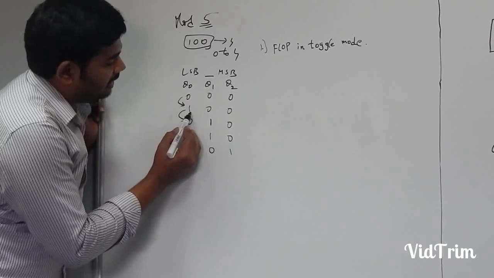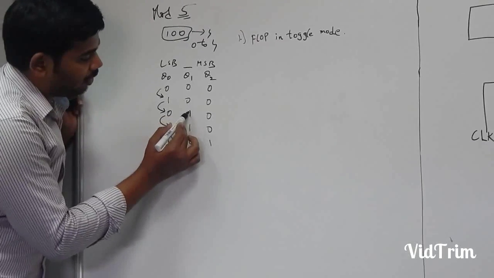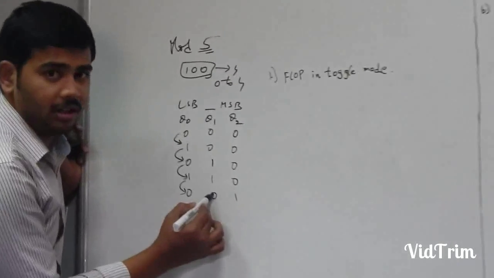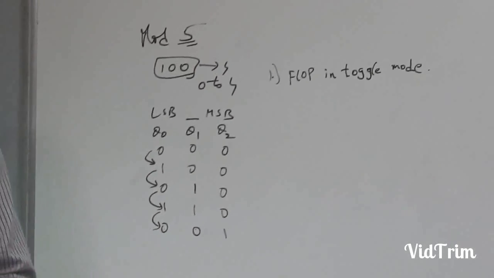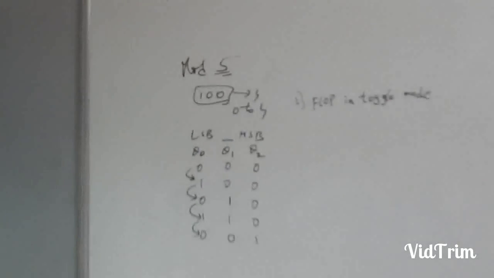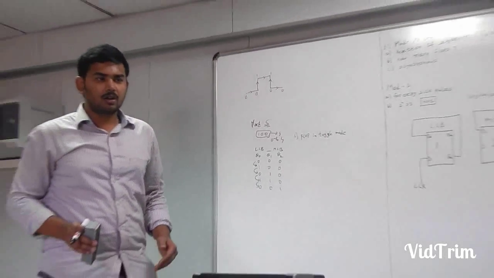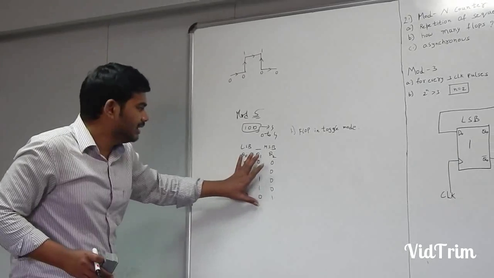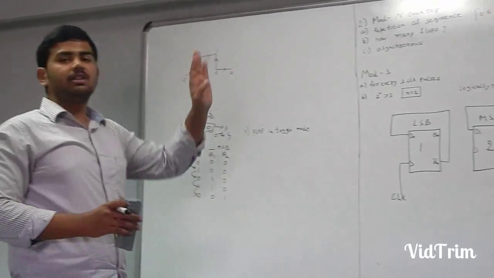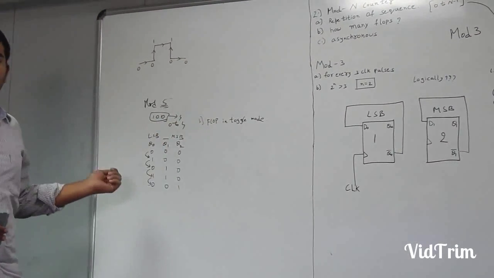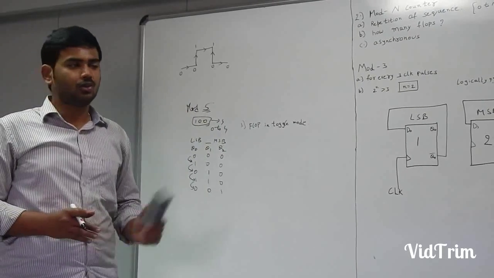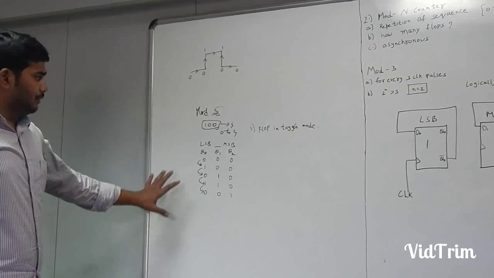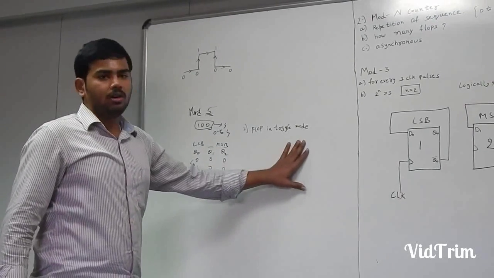So whenever it is changing from 1 to 0 only, it is toggling. You should be in a position to notice based on what toggling it is changing, and based on that you should give that output as clock to the next clock, for the next clock to trigger. So first of all, our requirement is flop in toggle mode.